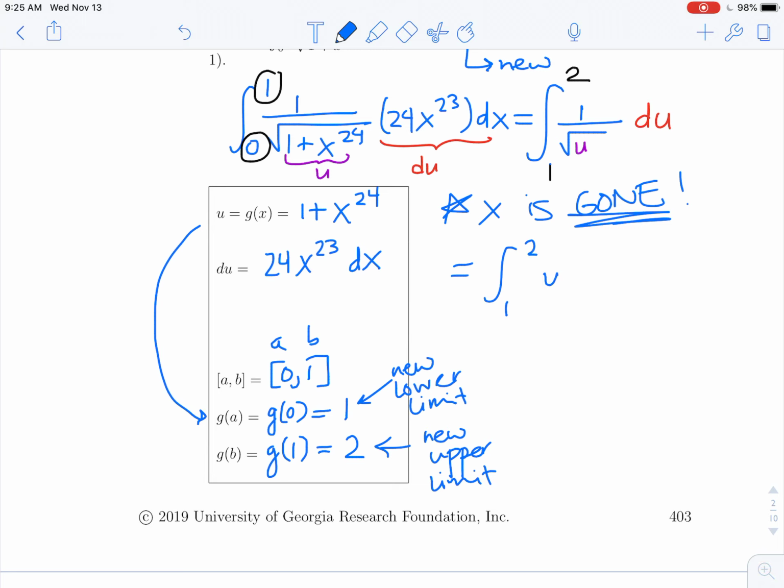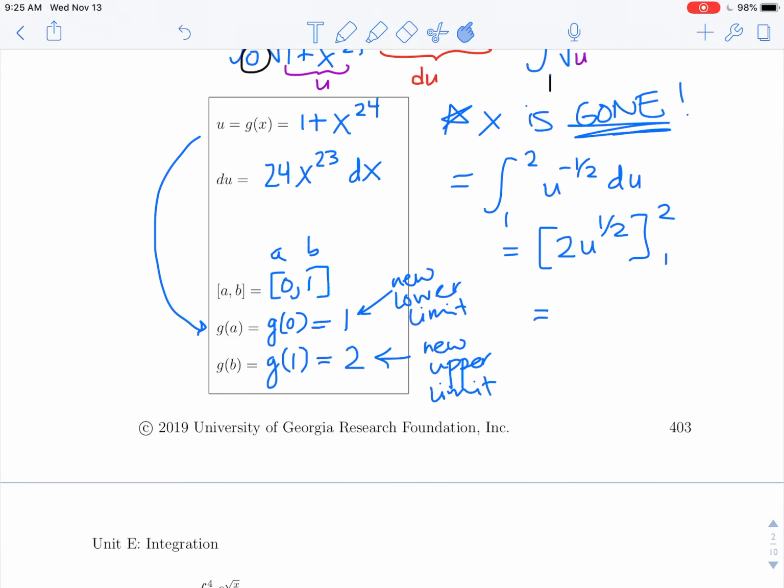So 1 to 2 u to the negative 1/2 du. So that's going to be 2u to the positive 1/2, evaluated at 2 and at 1. So we get 2 root 2 minus 2 root 1, which is the same thing that we got in part A.